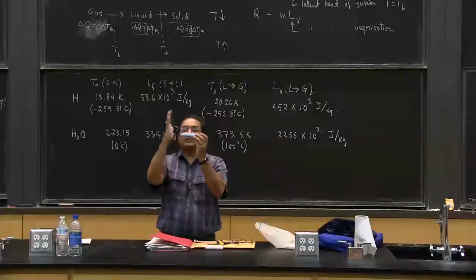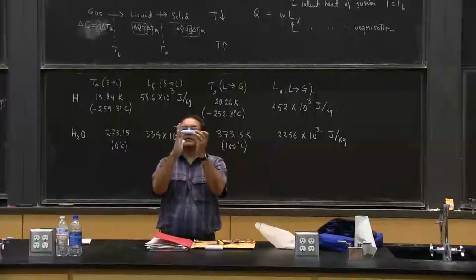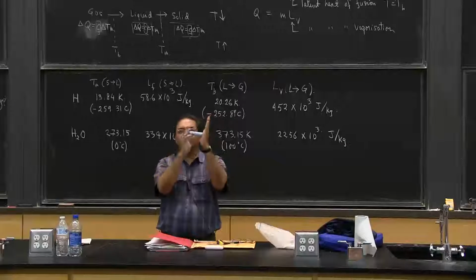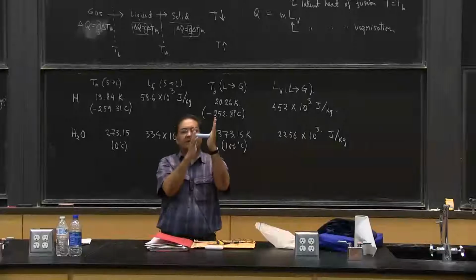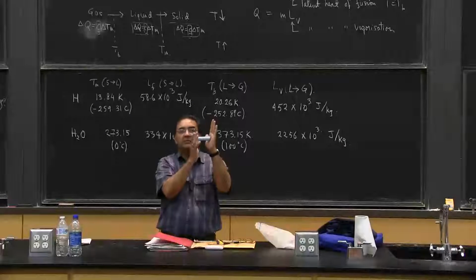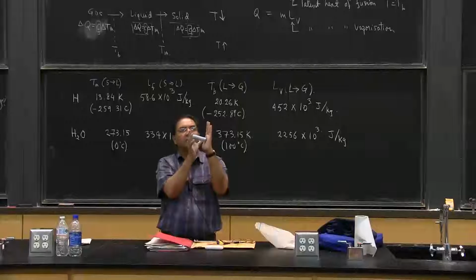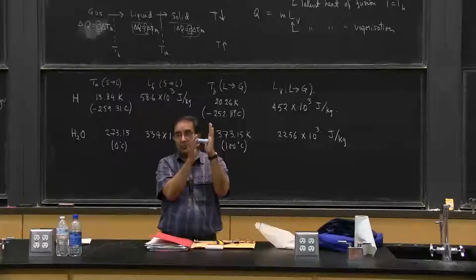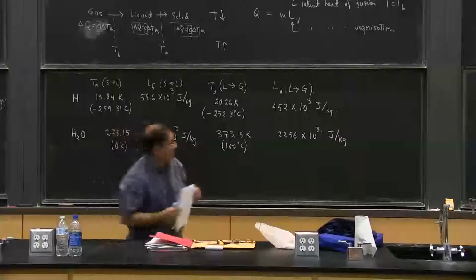So let's say temperature here is 10 degrees Celsius and temperature here is 100 degrees Celsius. So there is a 90 degrees Celsius temperature difference. Depending upon the material, how much heat will flow from the high end to the low end is what we have to figure out. That's typically a conduction problem.